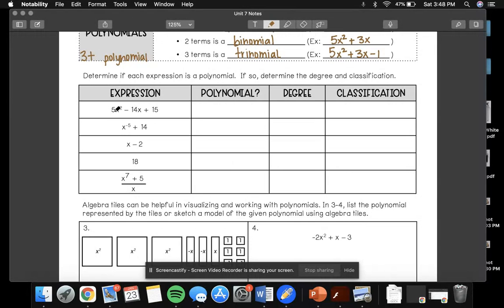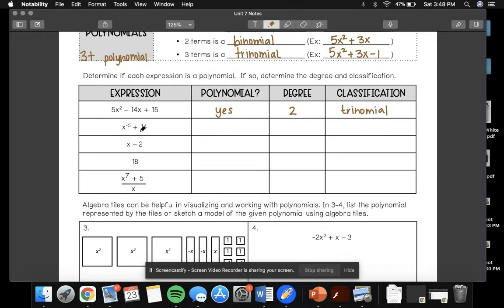Okay, so this first one, I see all positive exponents. I see no division by variables, so this is a polynomial. The degree is the highest exponent, so the highest exponent I see is a 2, so this is a degree 2 polynomial. And specifically, there's 1, 2, 3 parts to this, so it can be classified as a trinomial.